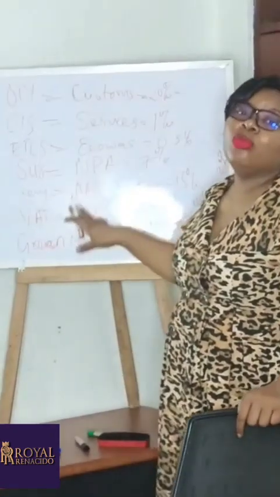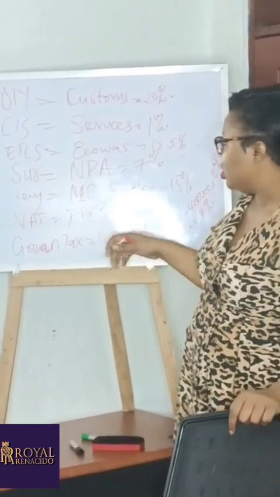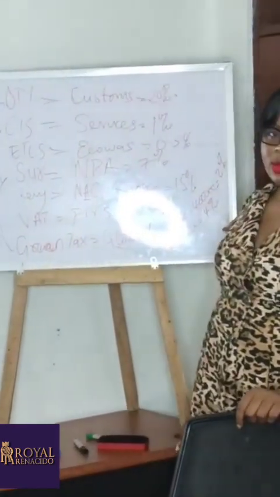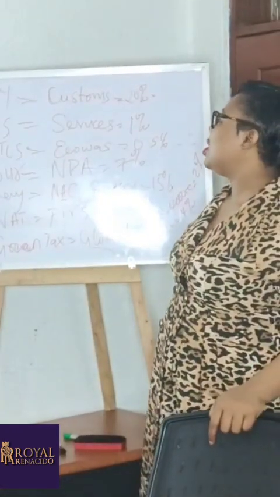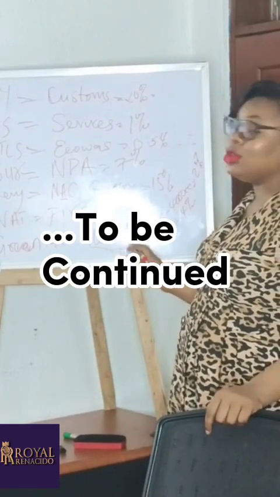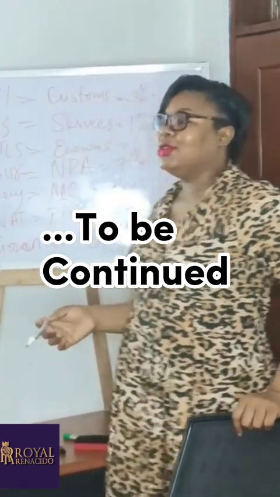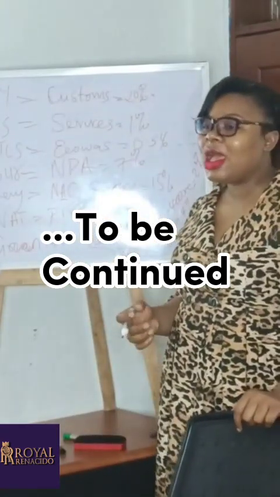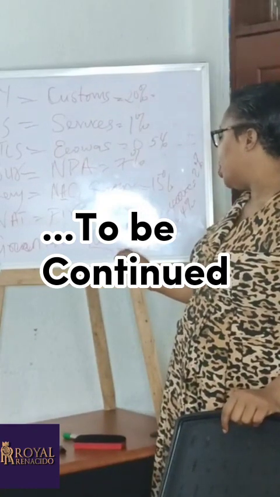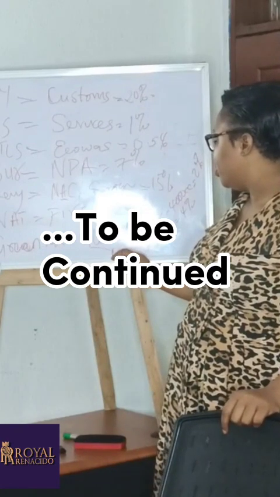So these are the agencies, or government bodies, that you could pay to. Sometimes my clients will ask, after calculating, it gives you the total figure of what you're supposed to pay in the bank. Let me just say you're paying 4 naira.